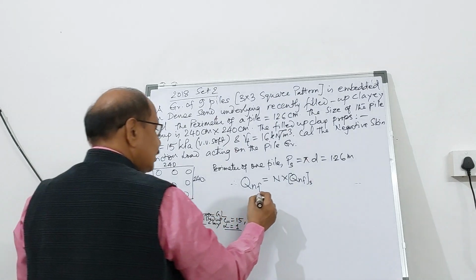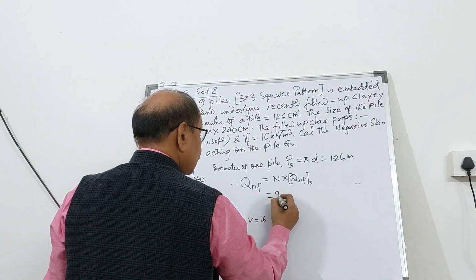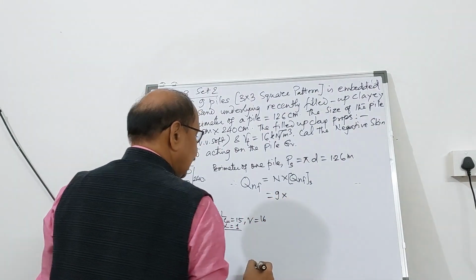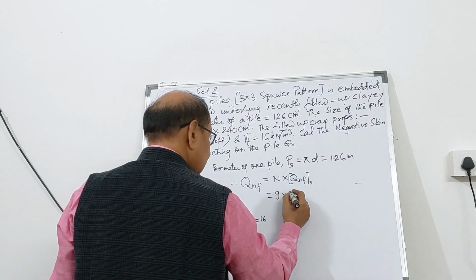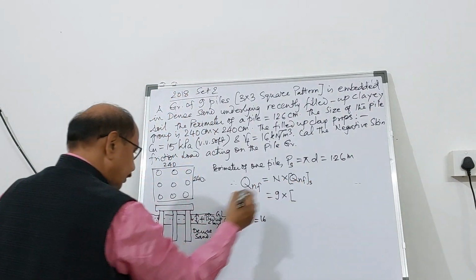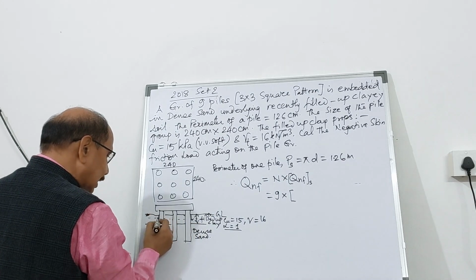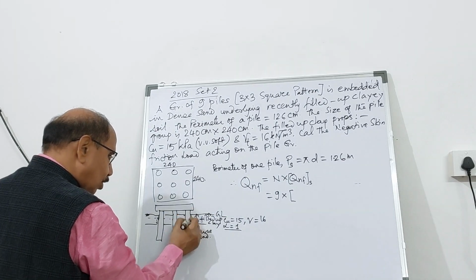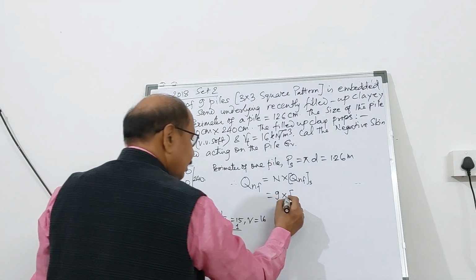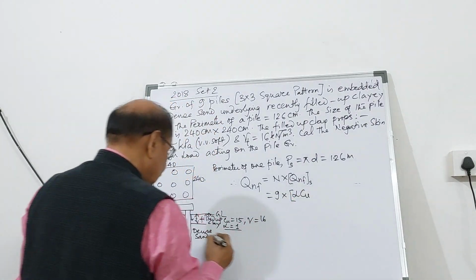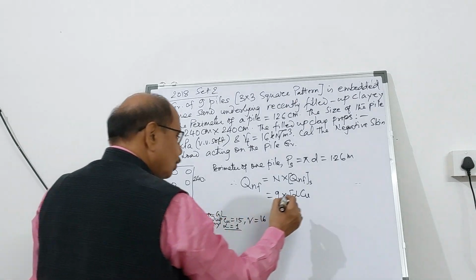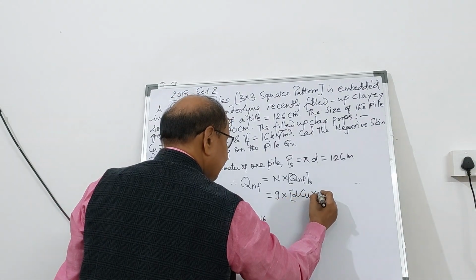So number of piles you already know, it is 9 piles, and a single pile, this negative force on a single pile will depend upon what is the unit skin friction. It is alpha times Cu into the perimeter.